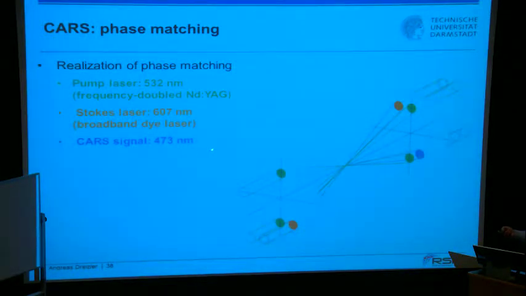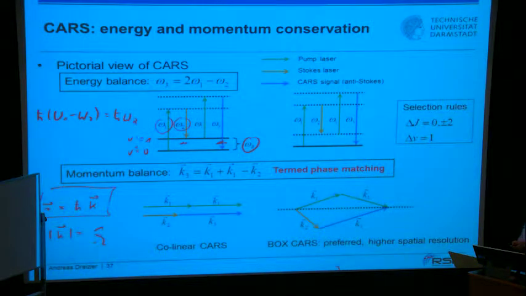Okay? So this is as well easy to distinguish even if you have, let's say, scattered light that you could not prevent in your detector. You can easily separate it spectrally because it's really far off. Okay, any questions about this phase matching?